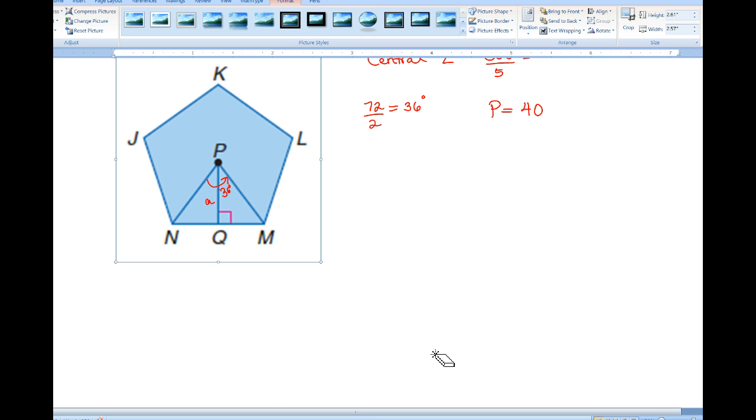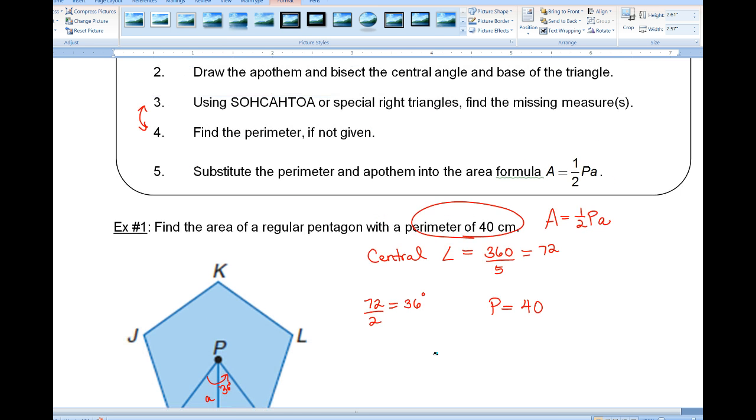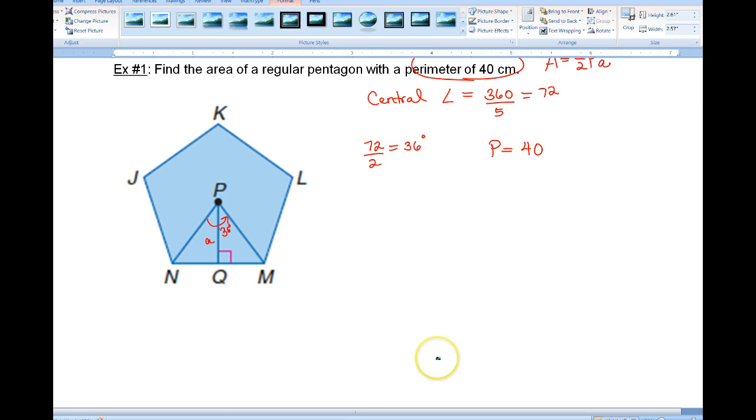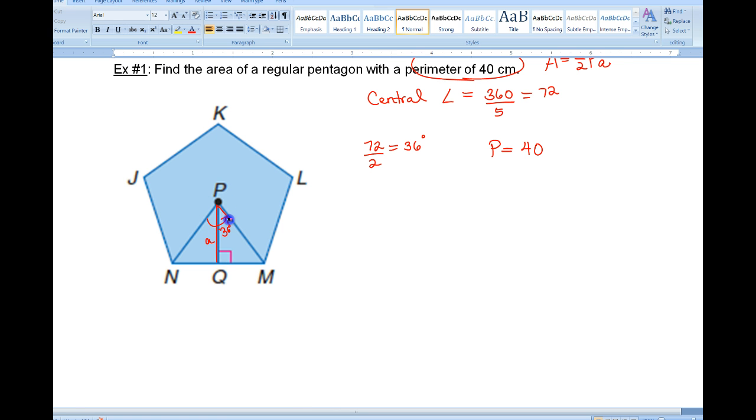So here's what did I say for step 3, guys? Use SOHCAHTOA or special right triangles. So basically what we're doing is we're taking a right triangle and solving for what's missing.